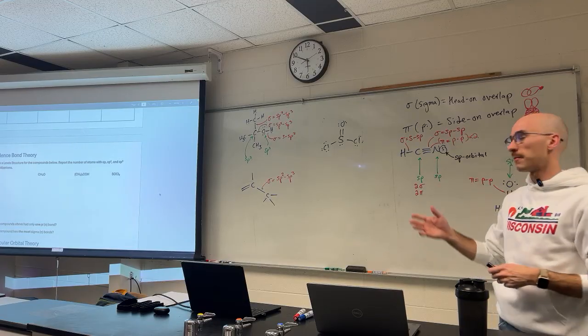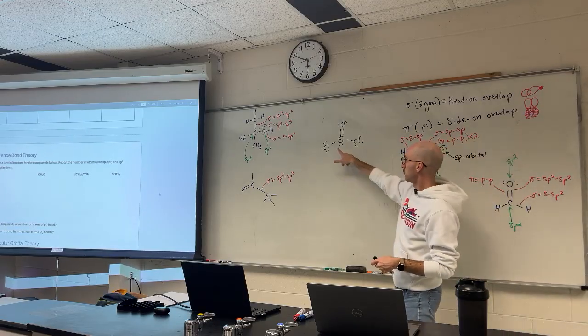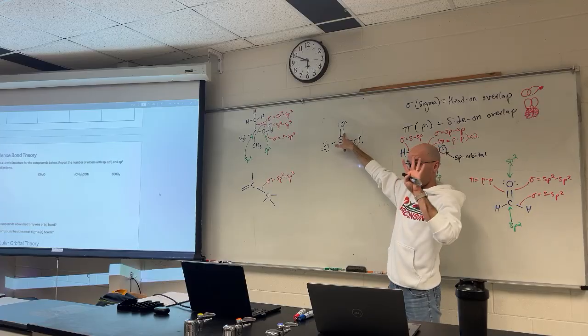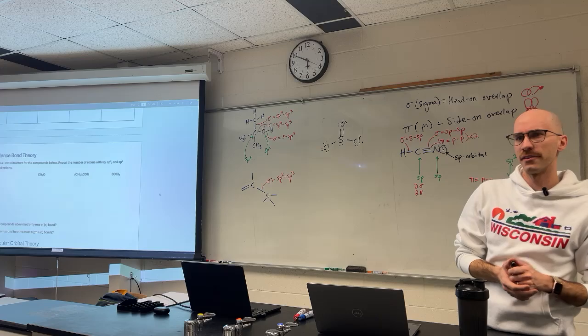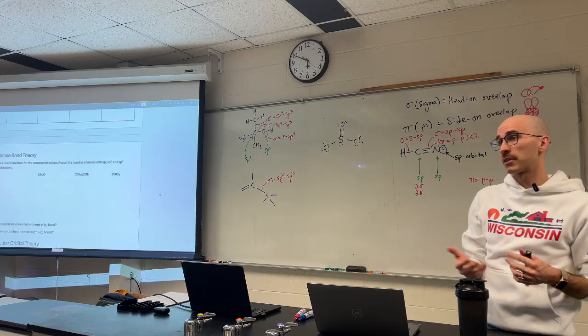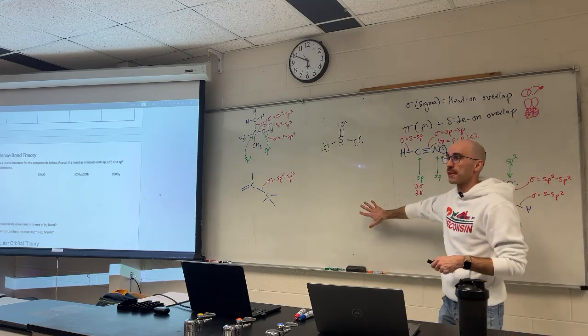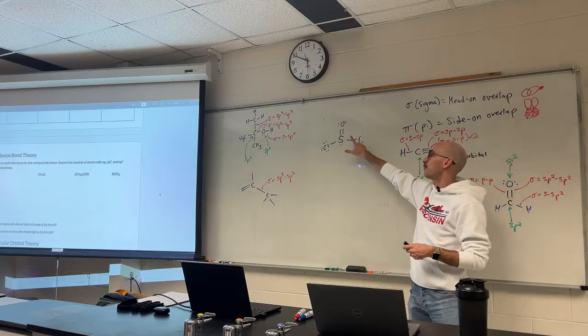The hybridization, based on the rules that we had, 1, 2, 3, 4 electron regions around S, should make you think that it has sp3 hybridization. But we know sp3 hybridized atoms can't do pi bonding.